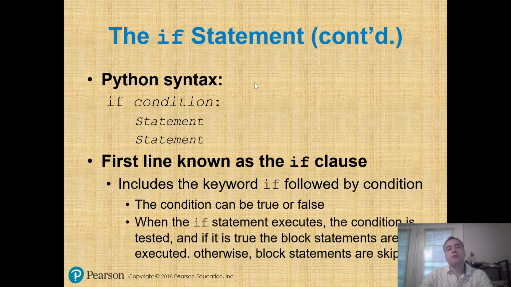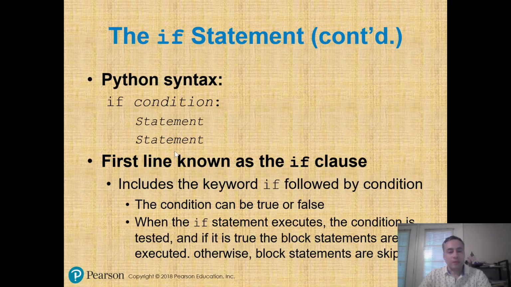All right, in Python: if condition, then statement, statement, statement. For example, if the condition that evaluates to true is "cold is true," then wear a coat, wear gloves, wear a hat, and so on. So condition is where we put a Boolean expression, and I will still have to explain what it is later.